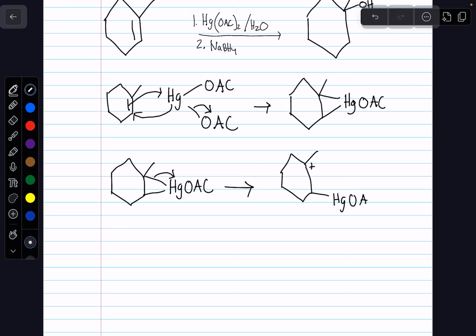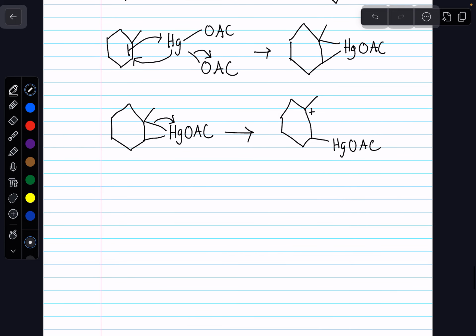So you're going to have this. And what's going to happen is a water molecule is going to attach itself to that positive carbon. And obviously we still have that HgOAc.